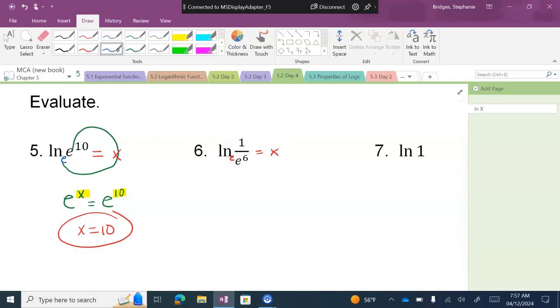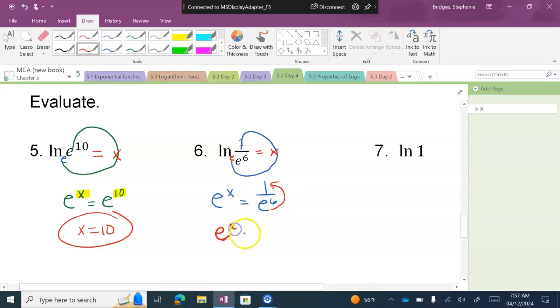We're going to take it to exponential. E to the x equals 1 over e to the 6th. Do those bases look the same right now? Where's the e on the right side? It's in the denominator. How do we make it come to the top? What do we do with this exponent to be able to make that e come to the top? Negative, right? And how we make something move is we change the exponent to a negative.